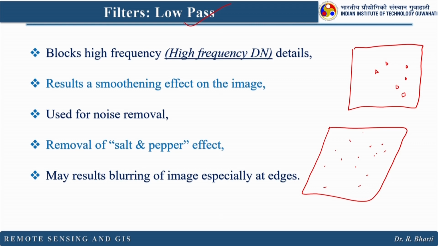This is the limitation of the low pass filter, but we can overcome this problem by using the original image DN values in the boundary pixels, and there are different methods which we have already covered. Next is the high pass filter.